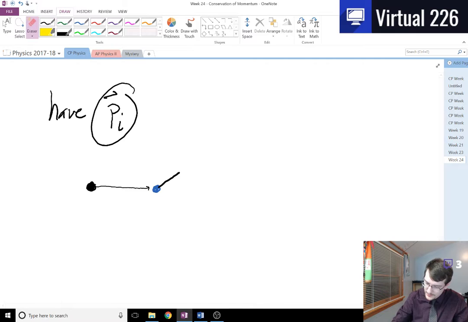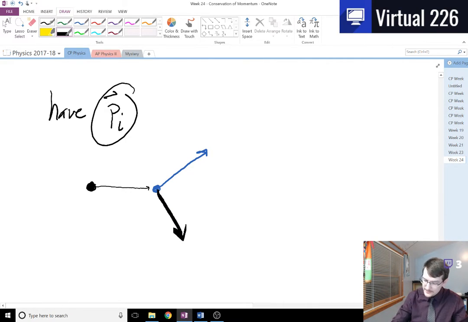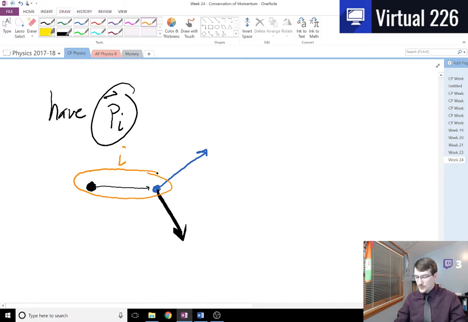If the cue ball was moving and the other was stationary, let's look at these initial conditions and add their initial momentums together. That's what we care about.